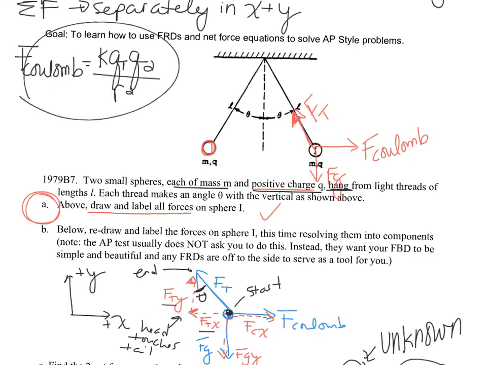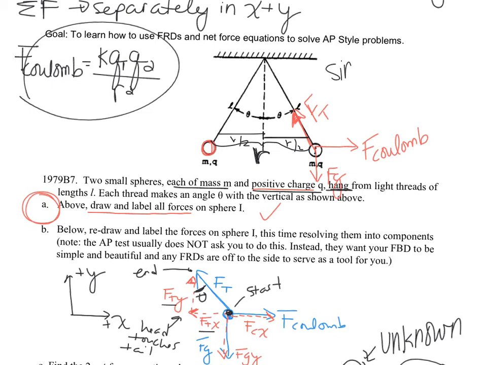So in Coulomb's law, R is the distance between two charges. And so this is R over 2, and this is R over 2. So I'm going to have to use trigonometry to figure out what R is. And as you can see, R over 2 is opposite of my angle theta.